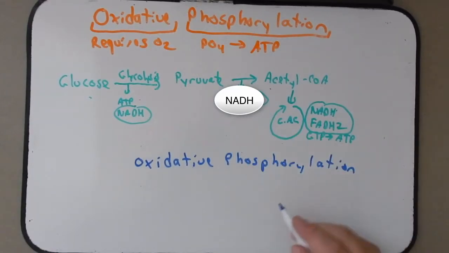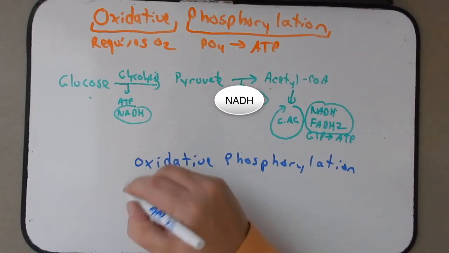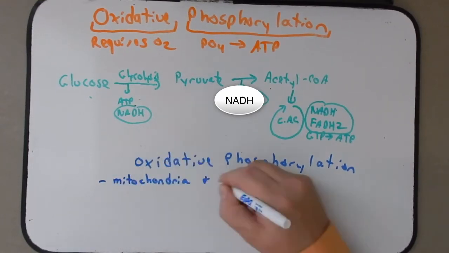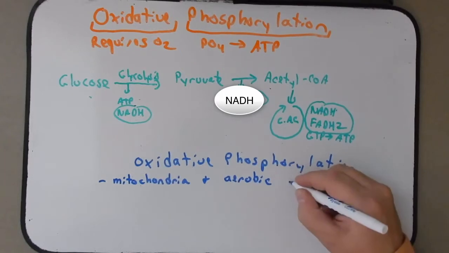I'm going to talk a little bit about oxidative phosphorylation just to introduce it to you, and then we're going to expand on that throughout the rest of the podcast. First of all, it occurs in mitochondria and in aerobic bacteria.